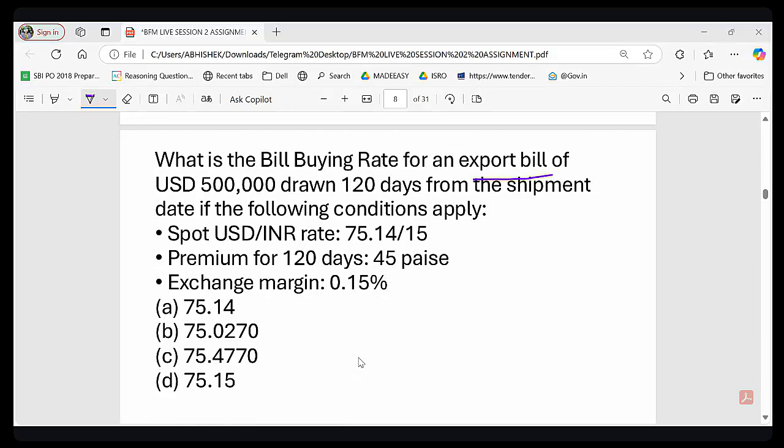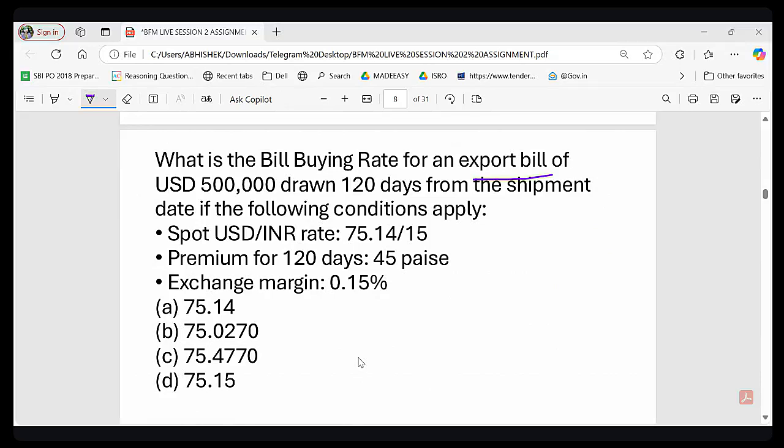So tell me whether the bank is buying or selling the US dollar in this case. Okay, so Jess, you are saying that the bank is buying.